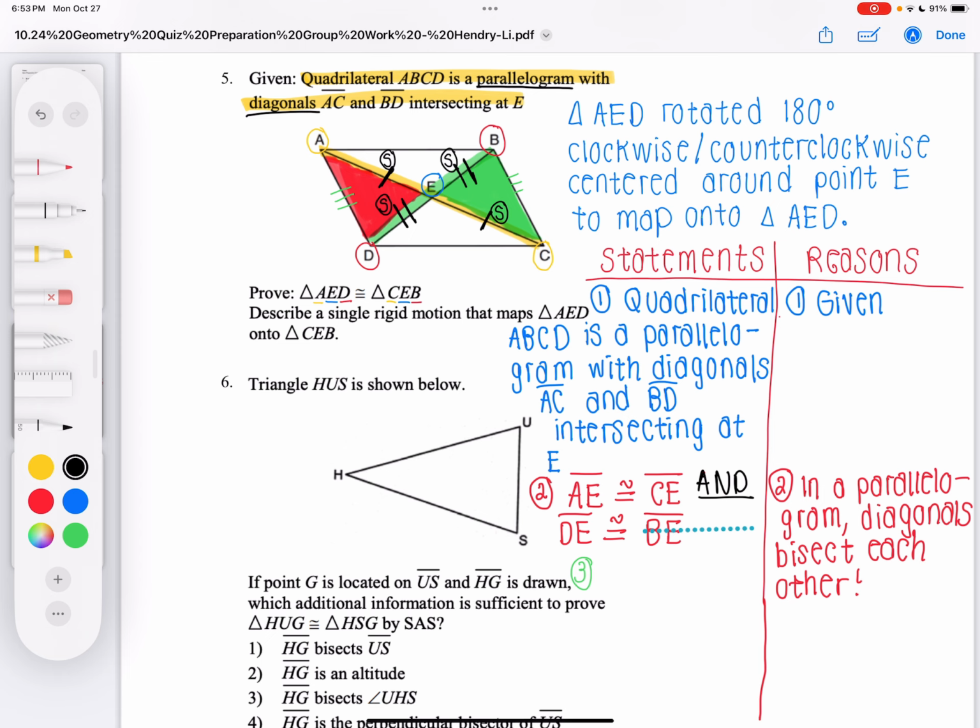Let's make that more visible. And my reason is, if you remember, again, properties of a parallelogram, that in a parallelogram, opposite sides are congruent as well. So go ahead and write that as your reason.